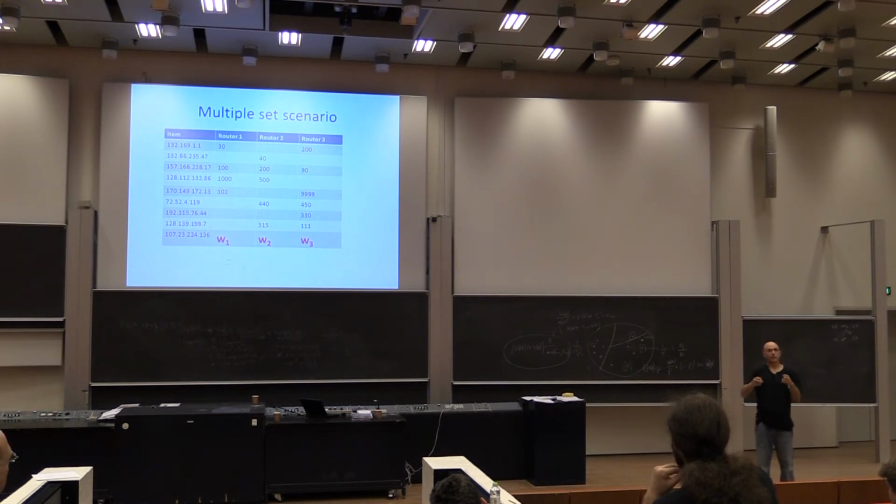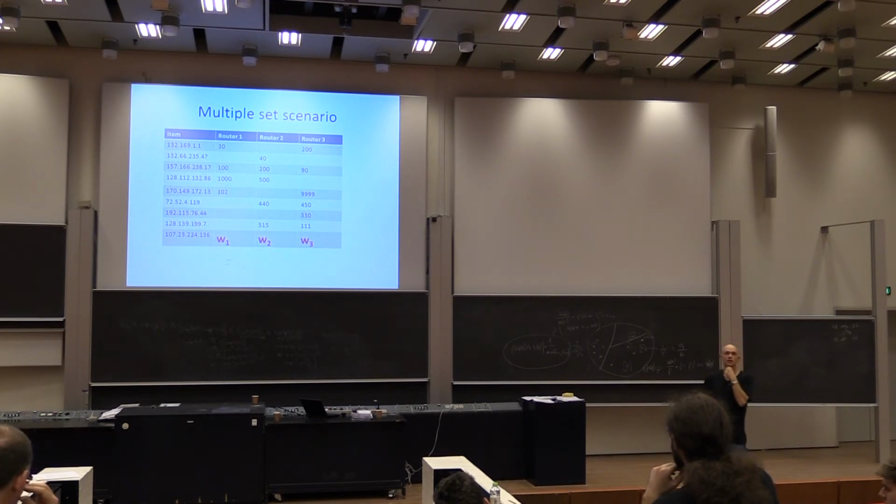So first, each router samples, and then you want to do some estimation of a predicate that combines items from the different routers.